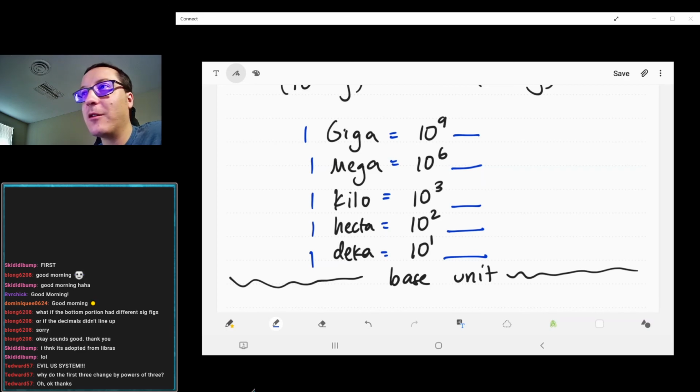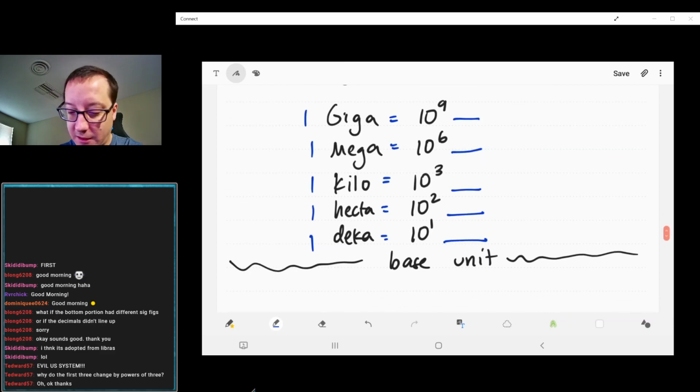Not base 4, but after kilo, they have another one, where they have a word for 10,000. And instead of going by powers of 3, they would use powers of 4. So this is just, I guess, Western things taking over, and that's kind of how it worked.